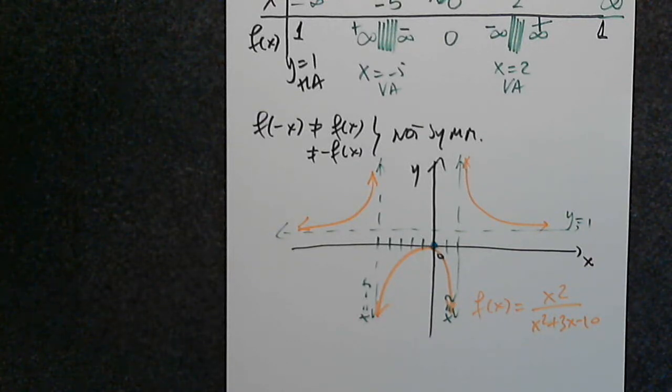Calculator doesn't know, not as smart as you are. We have to put in a second function, y equals 1. I'm going to use the standard viewing window for now. Here it is. And now the horizontal asymptote.